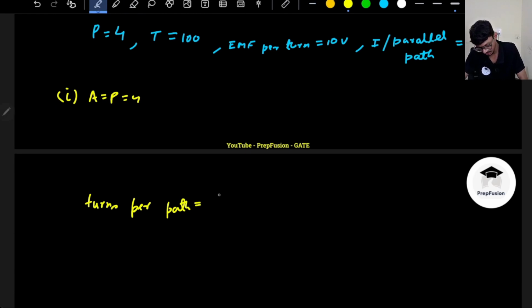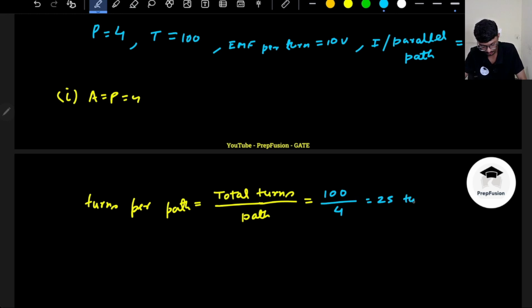How? Basically, it is the total number of turns divided by the number of paths. So total turns is 100, divided by the number of paths, which is 4. So 25 turns per path, right?